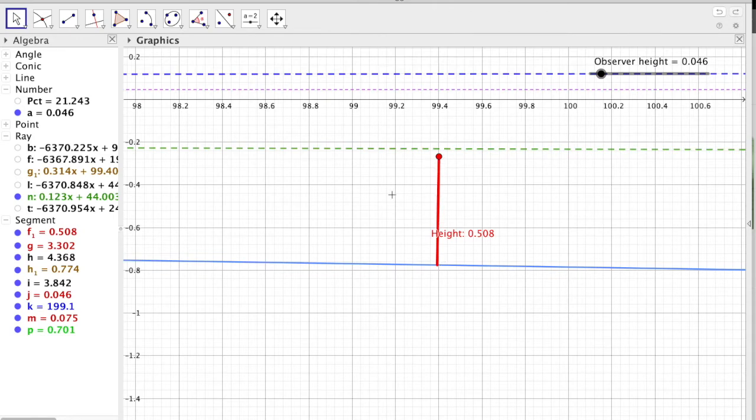But we see that this other obstruction, even though it's higher by a factor of 5 or 6, it seems, you won't see that because the first obstruction will cover it. And this is, you know, perspective in practice.